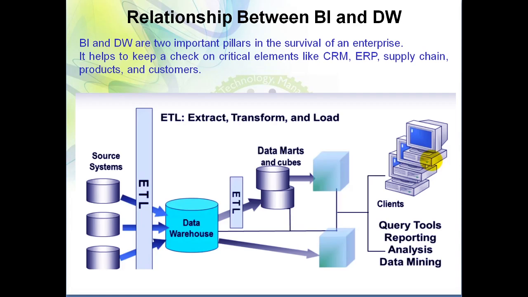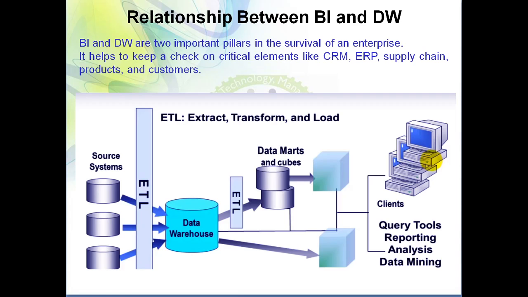So BI and data warehouse are two main important pillars for the survival of any enterprise. They help to keep a check on critical elements like CRM. What is CRM? Customer relationship management. CRM is mainly responsible for maintaining the relationship between the business and the customer. Nowadays in this competitive market, retaining customers and retaining employees is a very important thing.